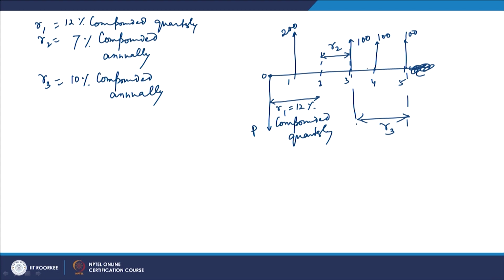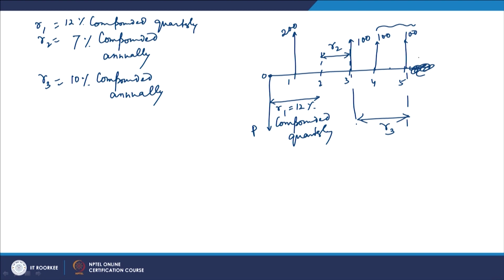Now, another way to understand this is, if you take these 200 transactions and use the P by A formula, it will be defined here. You cannot take these 300 transactions and use the P by A formula, because that will go to this time step and you have a different interest rate.